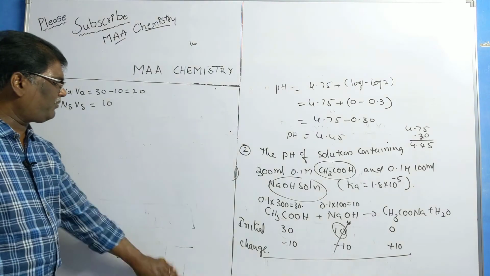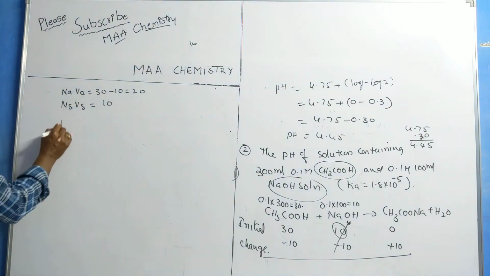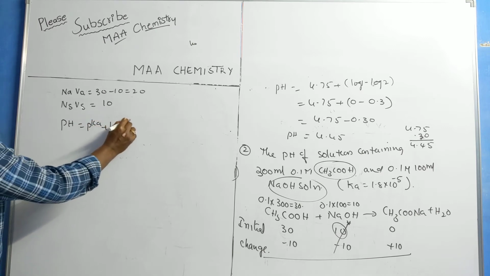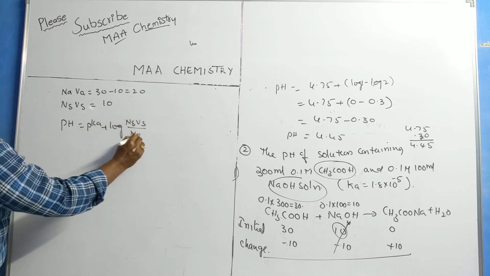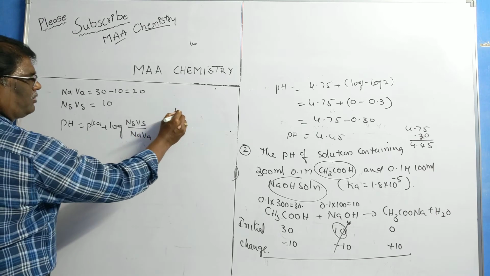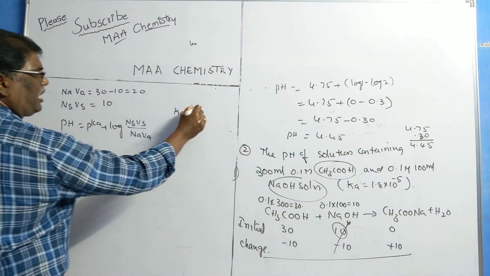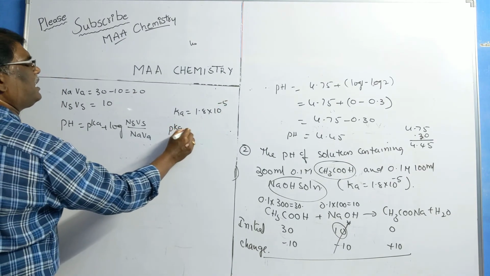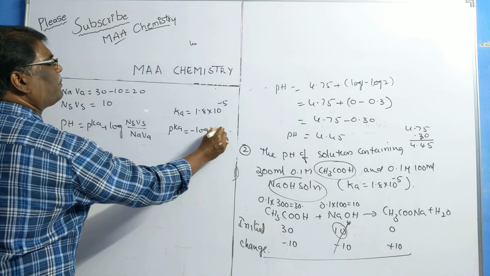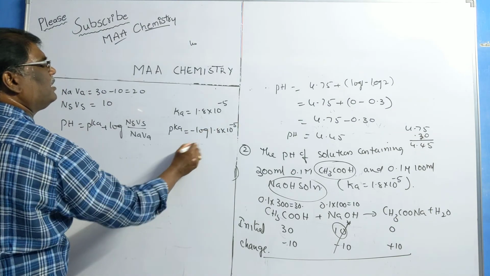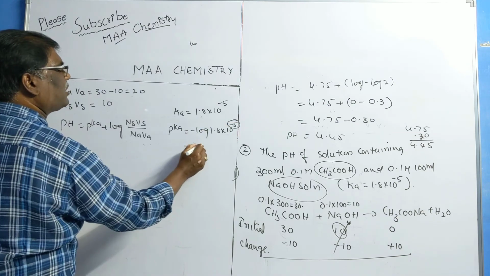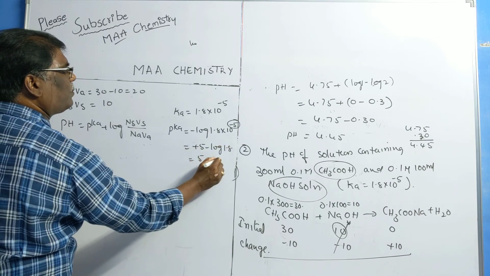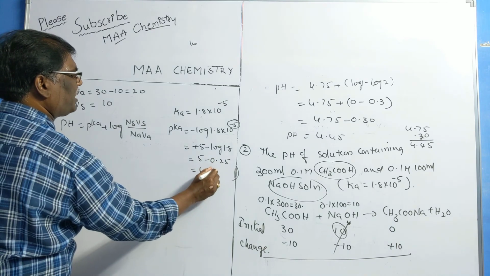Now what is the formula for pH? pH is equal to pKa plus log of NsVs by NaVa. Before that, we should calculate pKa. Ka given is 1.8 into 10 power minus 5. pKa is minus log of 1.8 into 10 power minus 5, which is 5 minus log 1.8. 5 minus 0.25 gives 4.75.